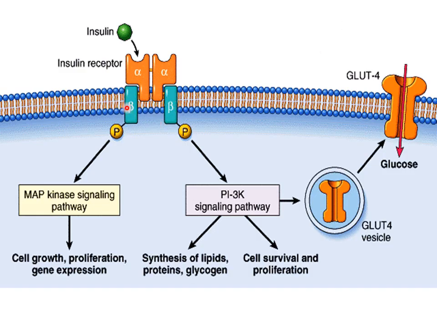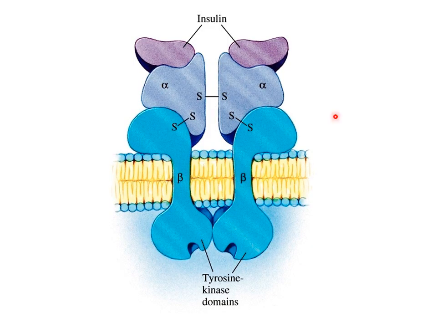The beta subunit penetrates through the cell membrane into the cytoplasm. Disulfide linkages bind the alpha subunit with the beta subunits. They also bind the alpha subunits together. The end of the beta subunit projecting into the cytoplasm of the cell has tyrosine kinase domains.